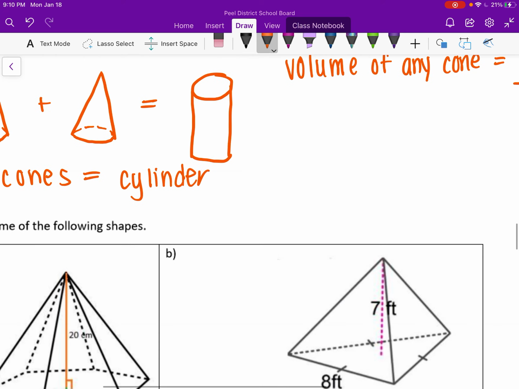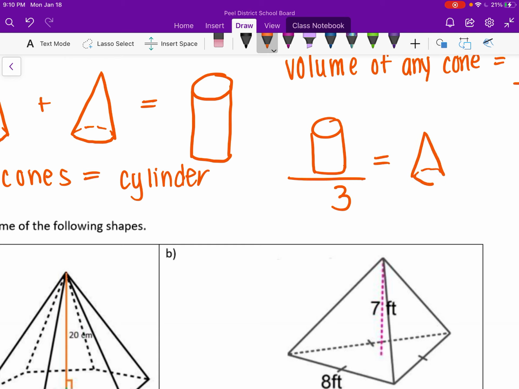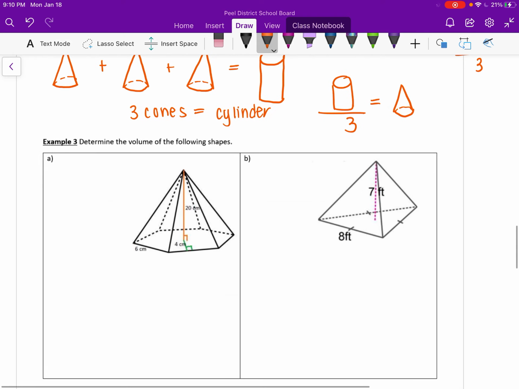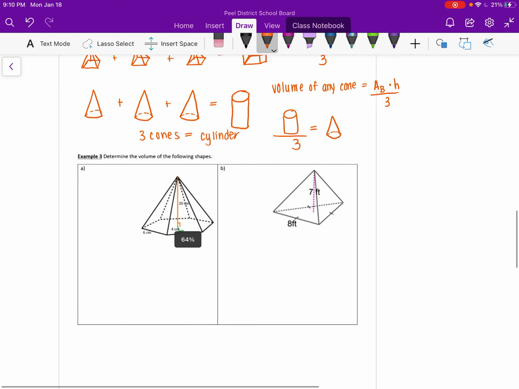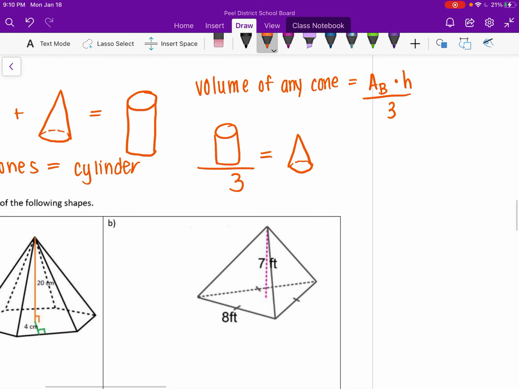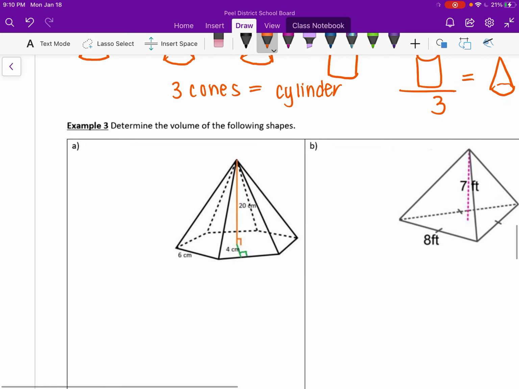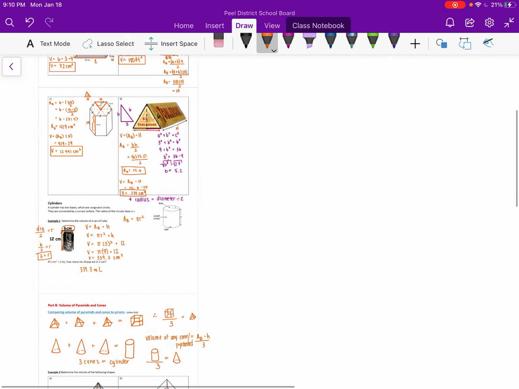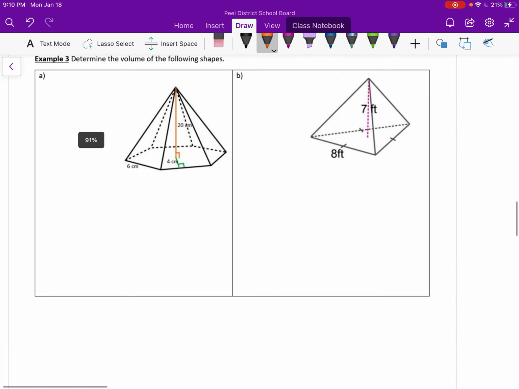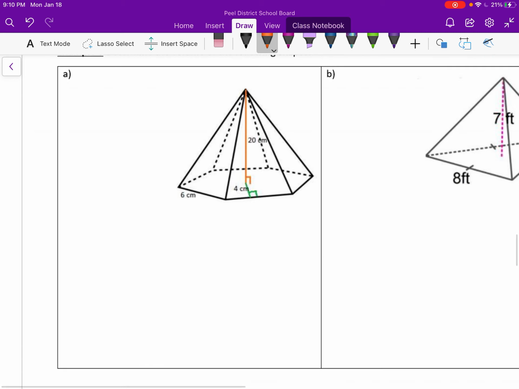Because if you were to take a cylinder and divide it by 3, you would get 3 separate cones. So the formula here for any cone or pyramid is the area of the base times height, which gives us the volume of the prism, and then you divide it by 3 to get the volume of either the cone or the pyramid. Okay?